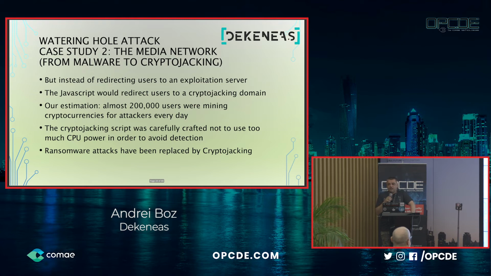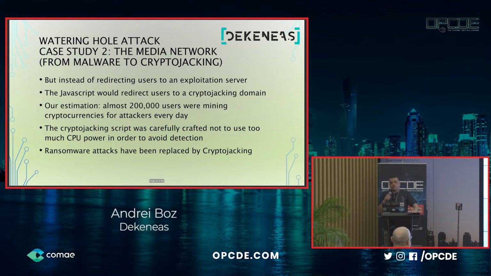And this was very hard to detect because it didn't happen all the time. Not all load balancers were infected. It was like 1 out of 3 hits was mining cryptocurrencies for the attackers. Also, the cryptojacking script was carefully crafted not to use too much CPU power in order to avoid detection.